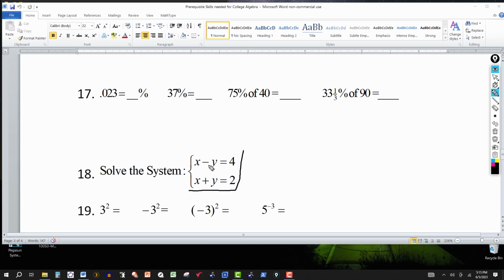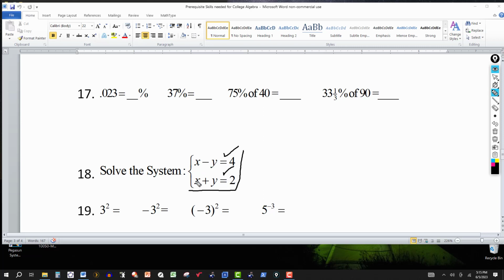We want to find x and y that will satisfy the first equation and the second. Keep in mind, this is a line. You graph that one, that's a line, that's a linear equation. Same thing here. If those two lines intersect at a point, you have one solution. If the two lines are parallel, you have no solution. If the lines coincide, you have an infinite number.